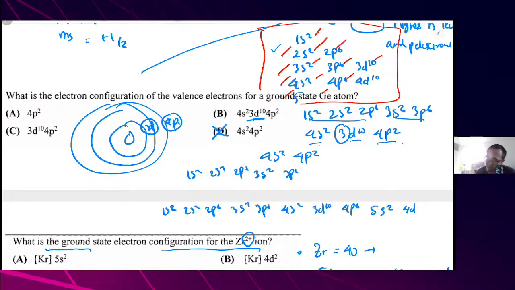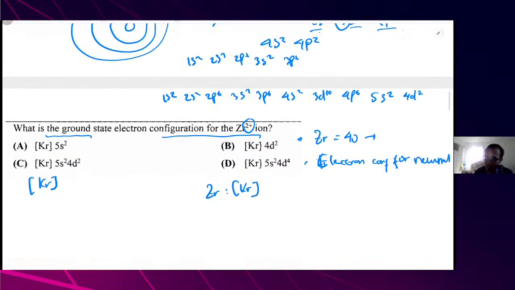The totals go 30, 36, 38, and to reach 40 we need 4d2. So we already have the answer: 5s2 4d2.